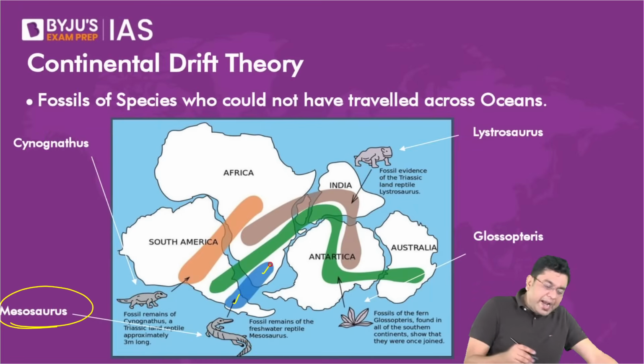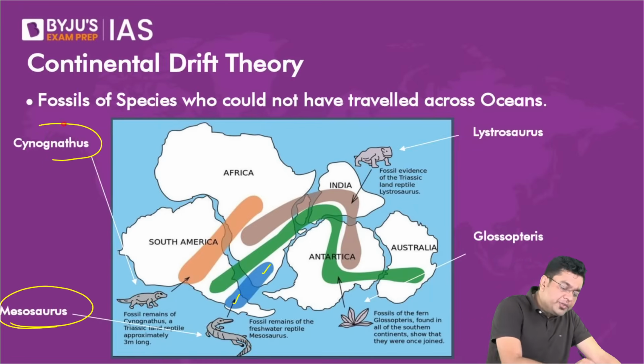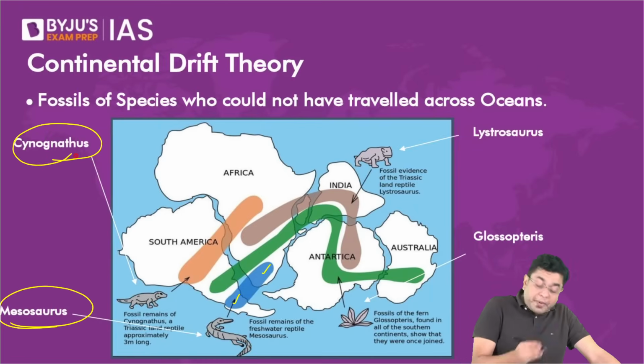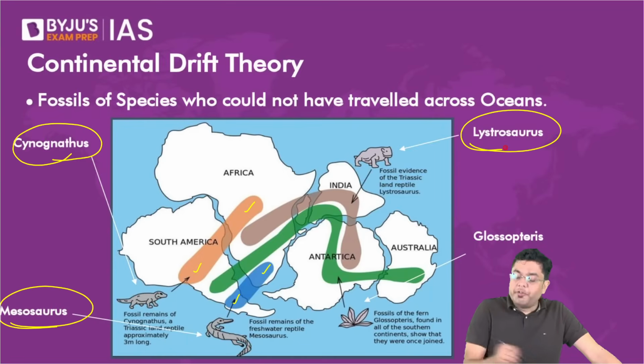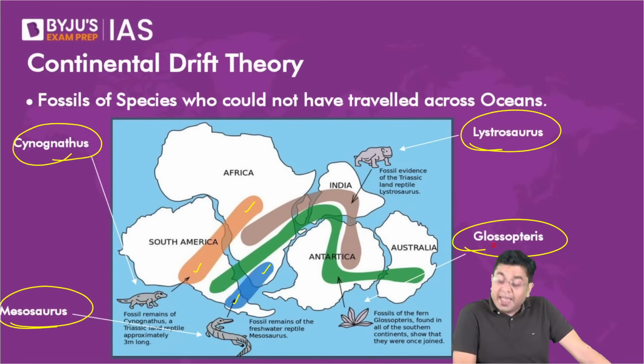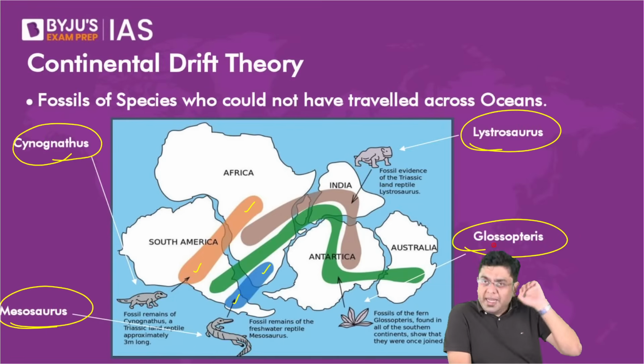Similarly, you had the evidences of Cynognathus and its fossils spread across again both South America as well as Africa. Then you have the evidence of Lystrosaurus. You have the Glossopteris, which is a kind of fern, again indicating the presence across multiple continents. Now, this could only have been possible if the land masses had been together.